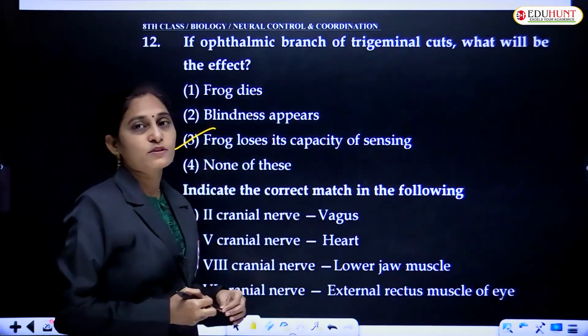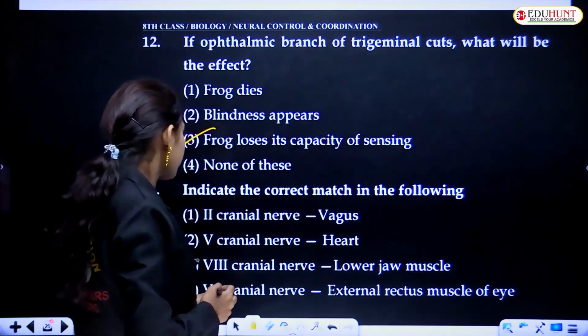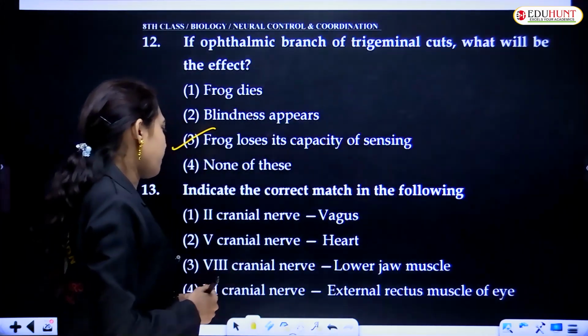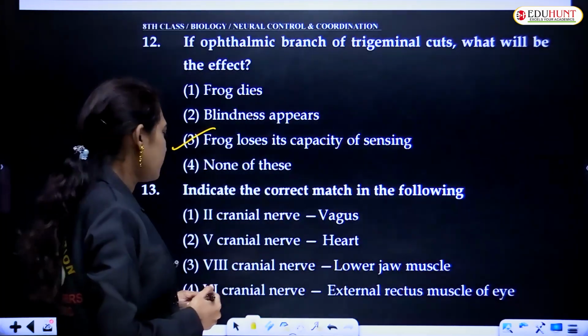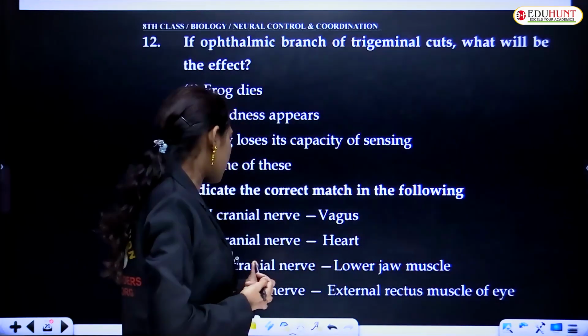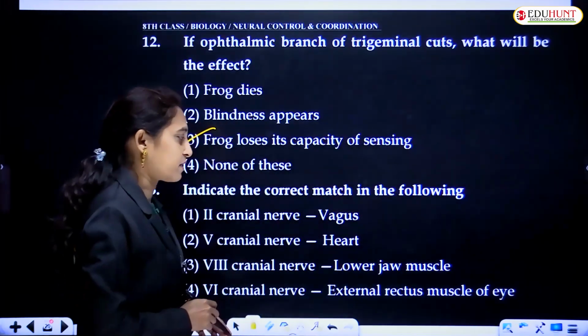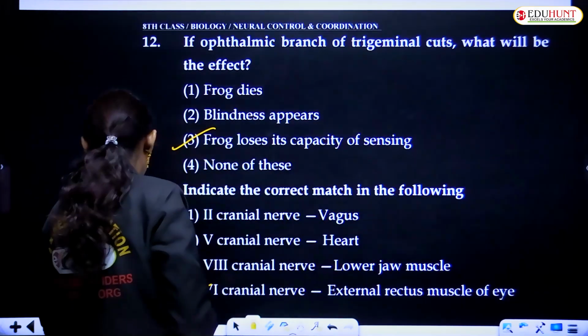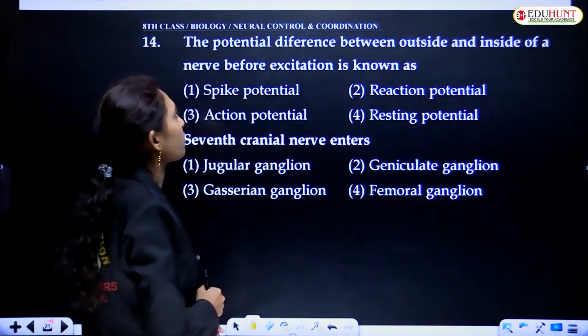Indicate the correct match of the following cranial nerves. Second cranial nerve is the vagus; fifth goes to the heart; eighth to the lower jaw muscle; and sixth to the external rectus muscle of the eye. Fourth is the correct option.